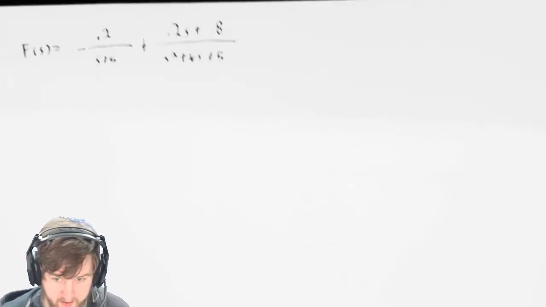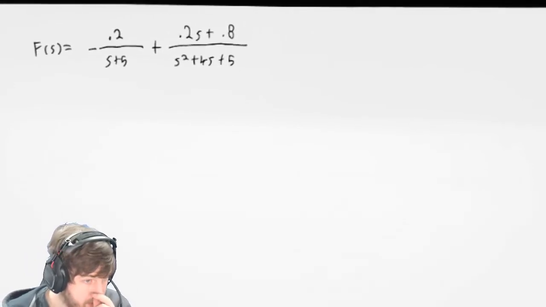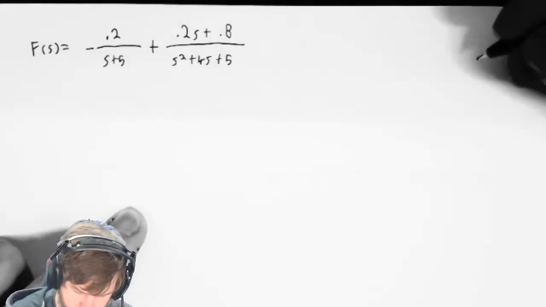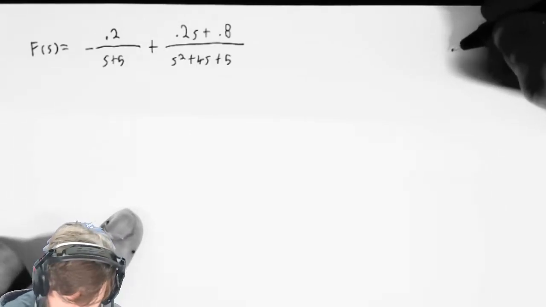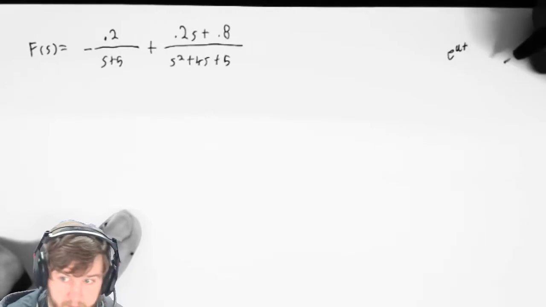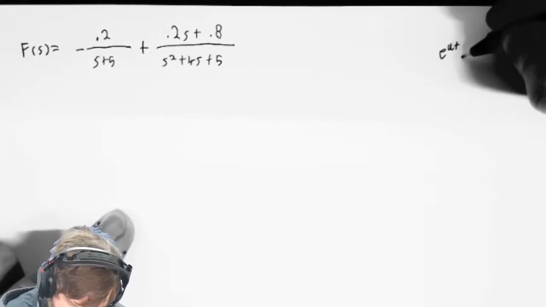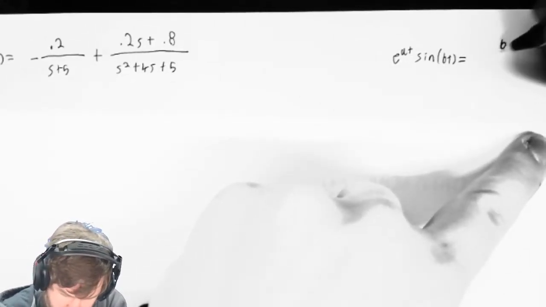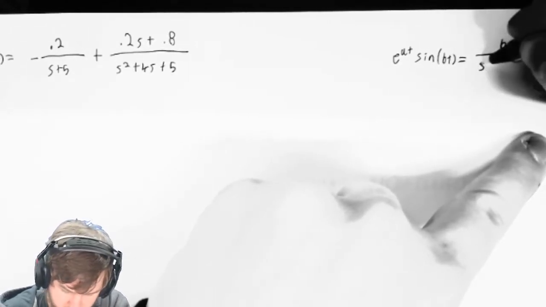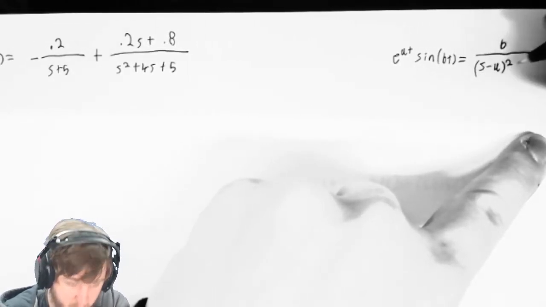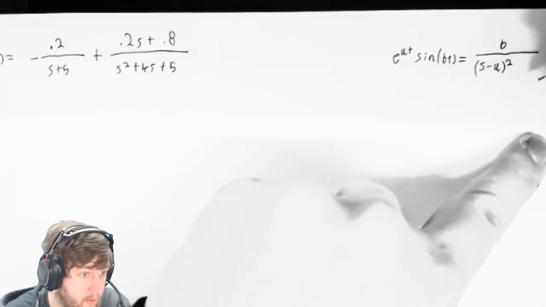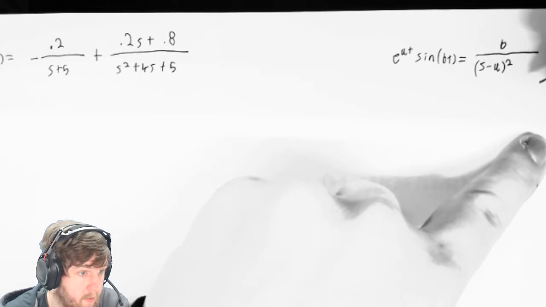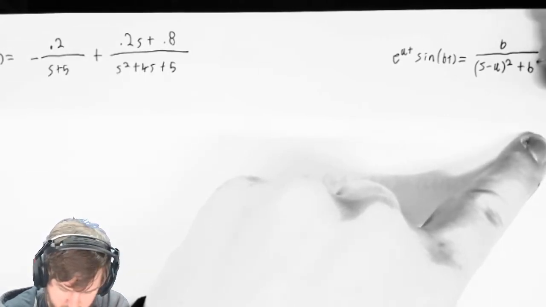So it looks like we have this form, which is e to the at sine b of t is equal to b over s minus a squared plus b squared.